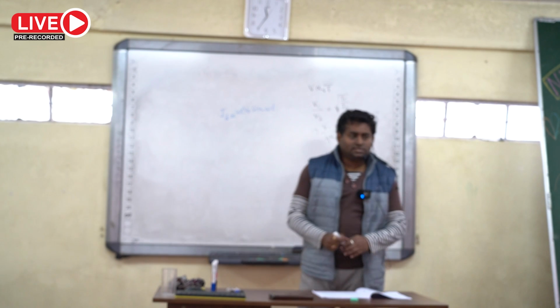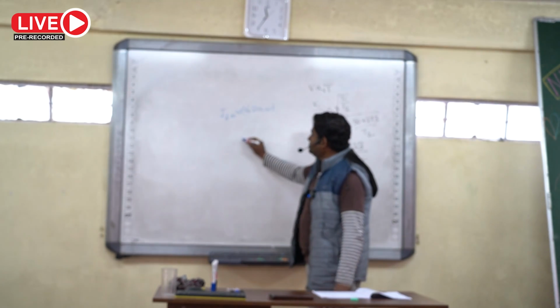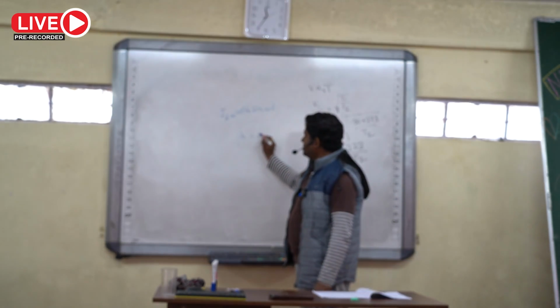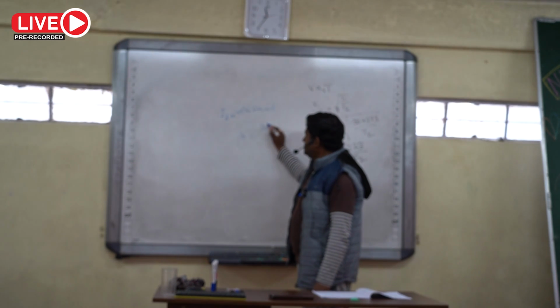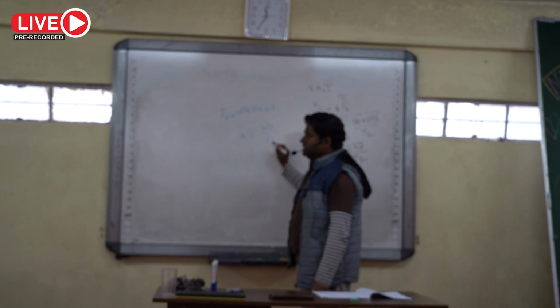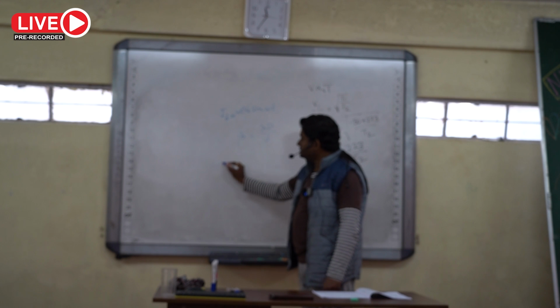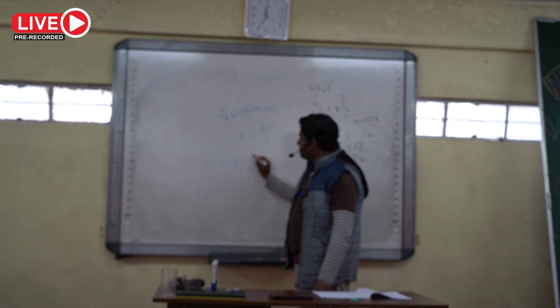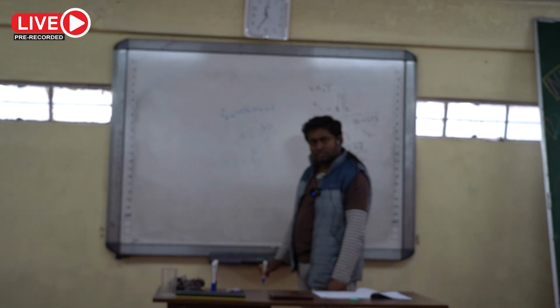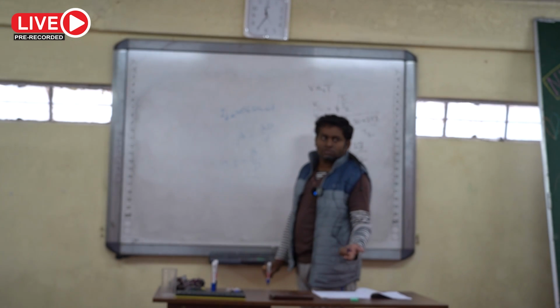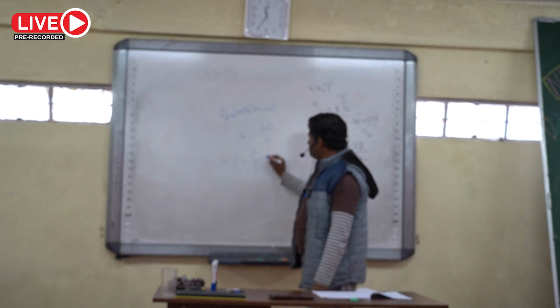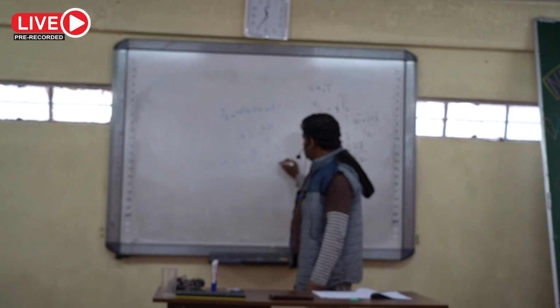What is fringe width? Fringe width beta equal to lambda D by small d. So angular separation is nearly beta by capital D. Tan theta is almost equal to theta. Because D is very long, so it will be lambda by d.